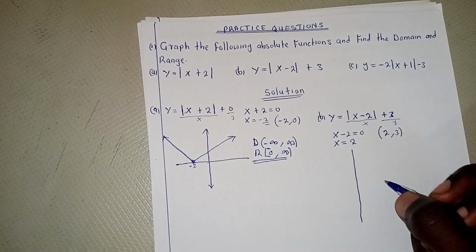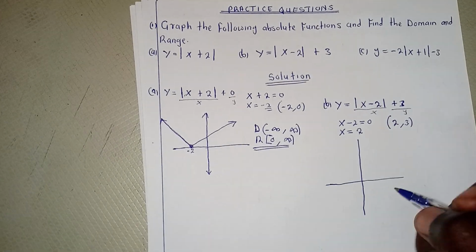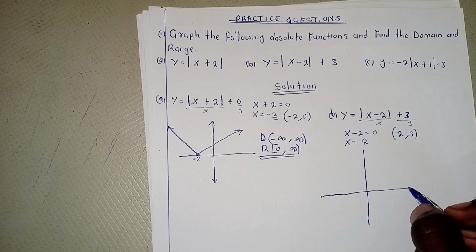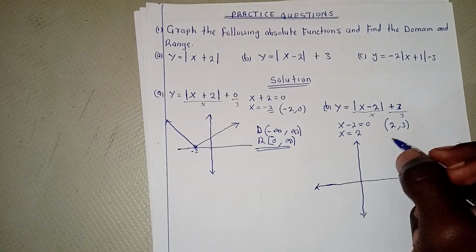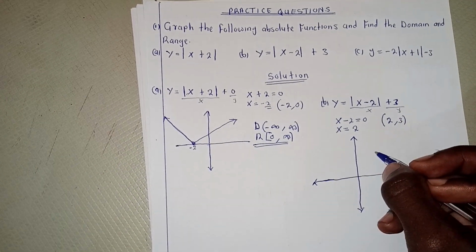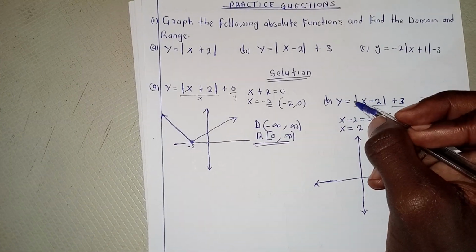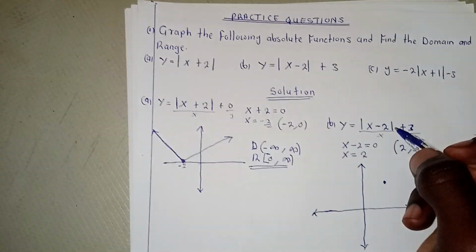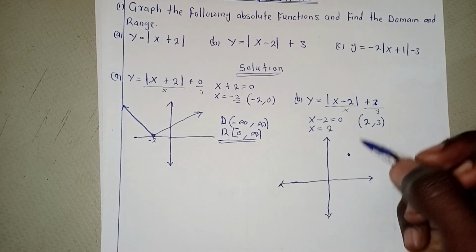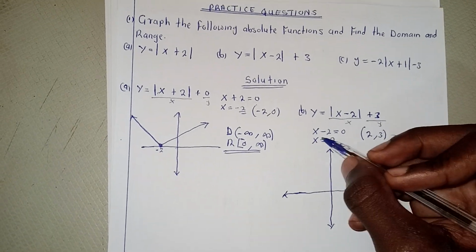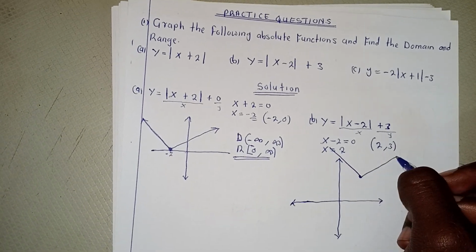You can draw the diagram like this. Then we're going to locate this point automatically somewhere here. Then since the absolute value is positive and what's there is also positive, automatically we know that this is simply the graph. So it's going to come out like this.